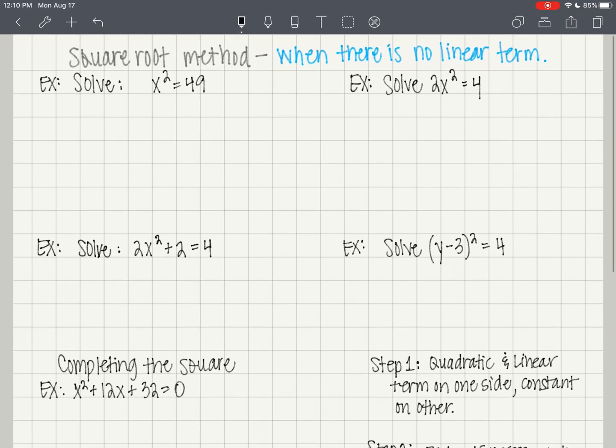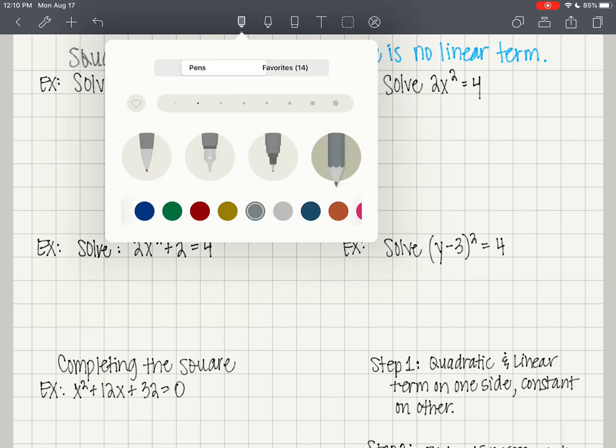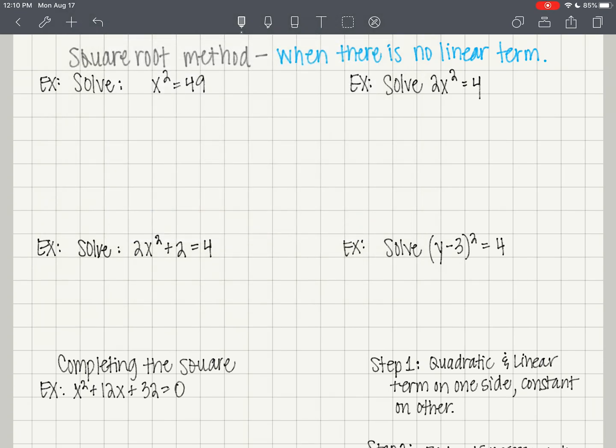Here we have x squared equals 49. I have x squared and I have 49. I have no linear term. I can solve using the square root method. So I'm going to simply square root both sides. And when I square root both sides, I have to do plus or minus.